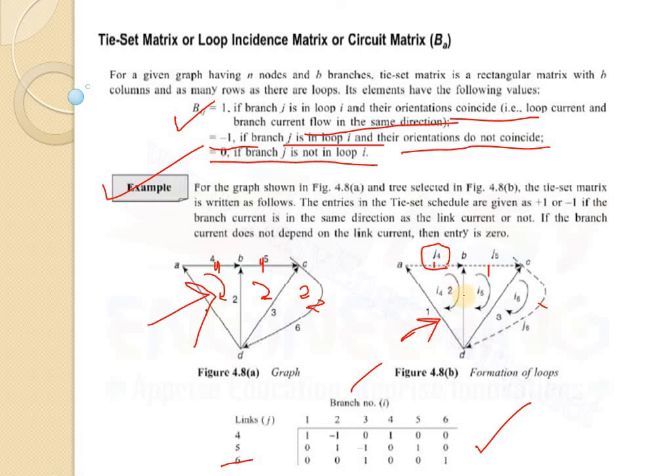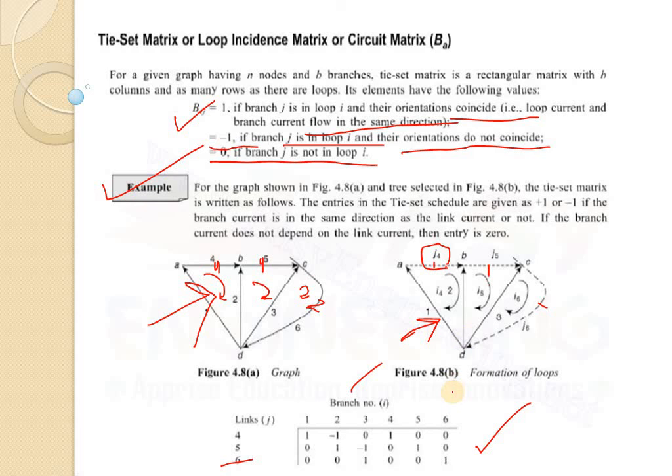and 4. Branch 1 is entering, 4 is leaving, and 2 is in the opposite direction. That means 1 and 4 will be plus and 2 will be minus.